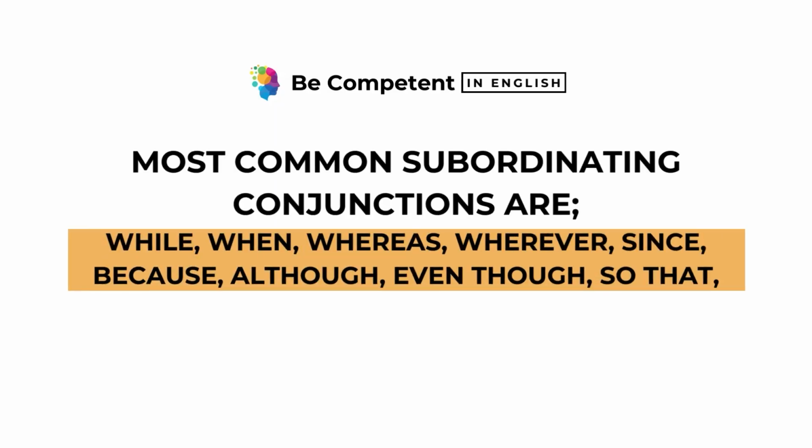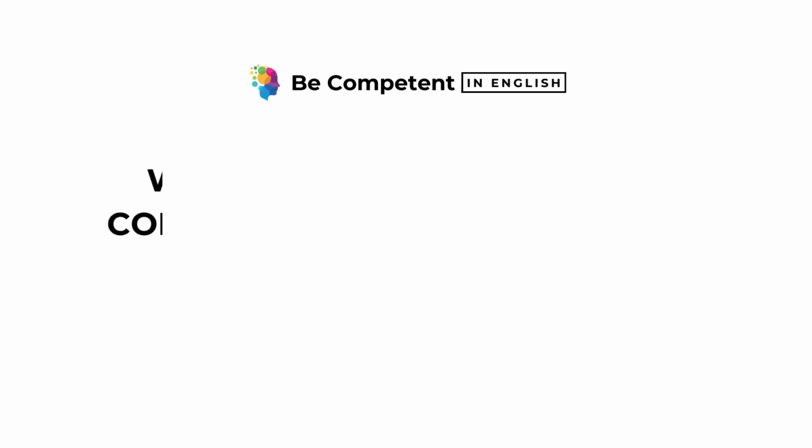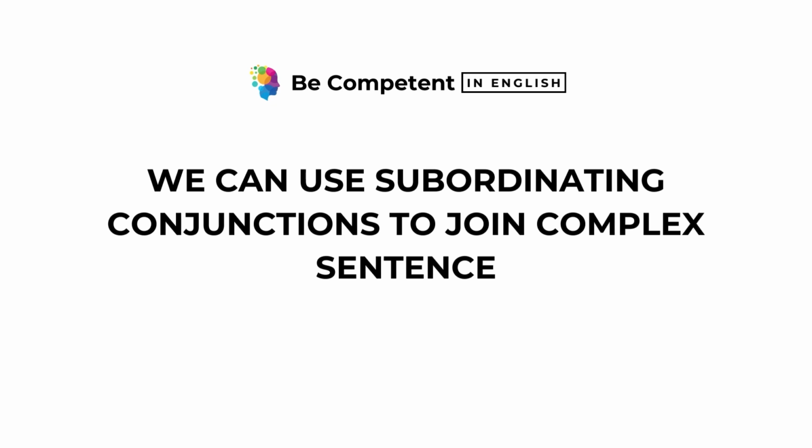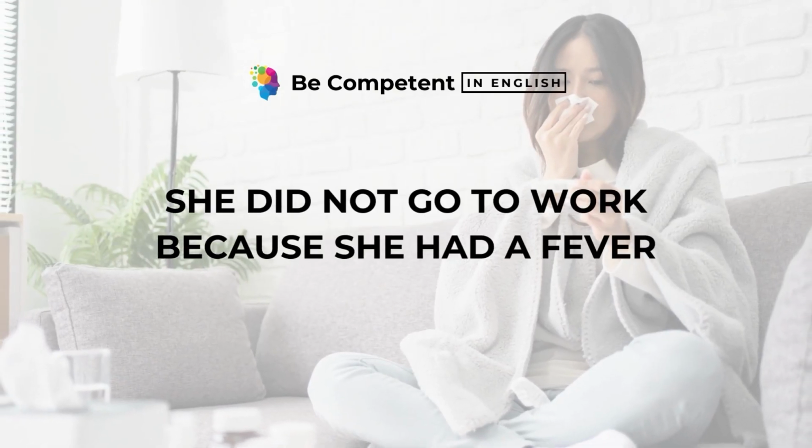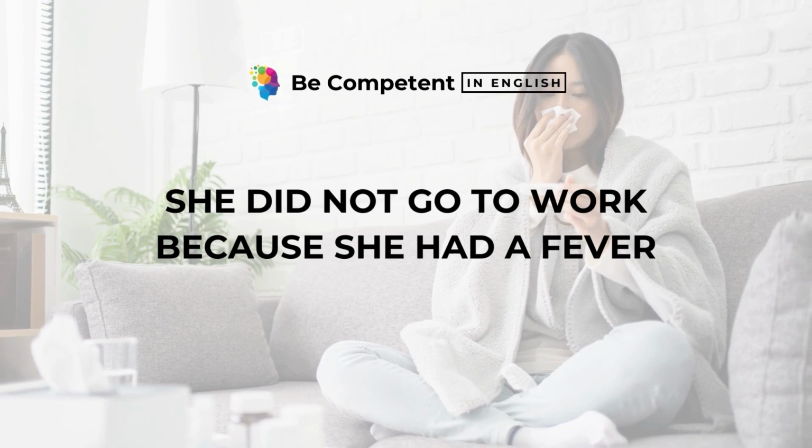But the most common ones are while, when, whereas, wherever, since, because, although, even though, so that, and so on. Thus, we can use subordinating conjunctions to join complex sentences. Okay, fine. Is it clear? For example, I say, she did not go to work because she had a fever.